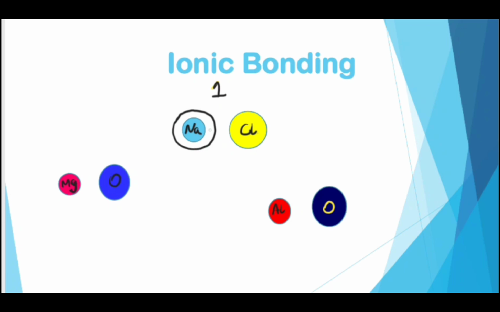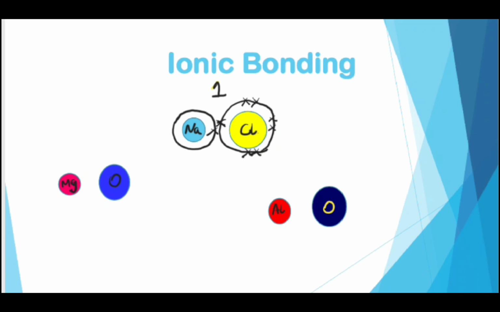The outermost one has 1 electron. Chlorine has 17 electrons, so the configuration is 2, 8, 7, and the outermost one has 7.